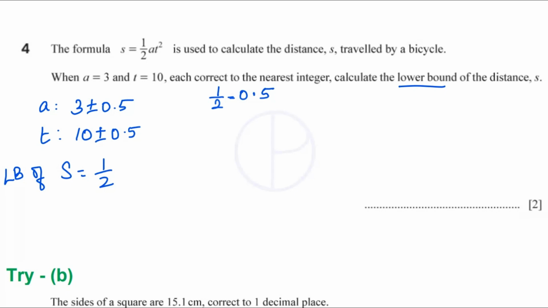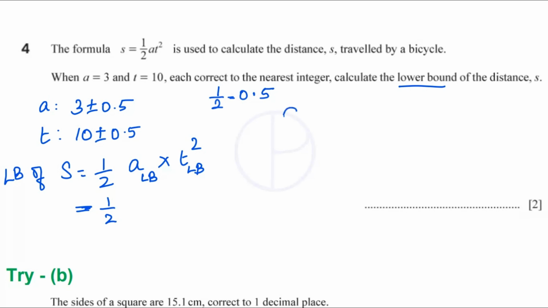So to calculate the lower bound of S, we have to take the lower bound of A because it is directly proportional, multiplied by the lower bound of T square. So we need to take a lower bound of T. Multiplying two lower bound values will give a lower bound value. So 1 over 2. What is the lower bound of A? Which is 3 minus 0.5.